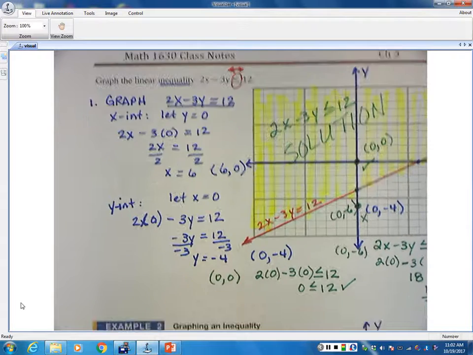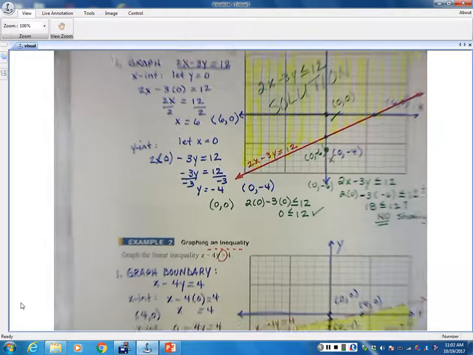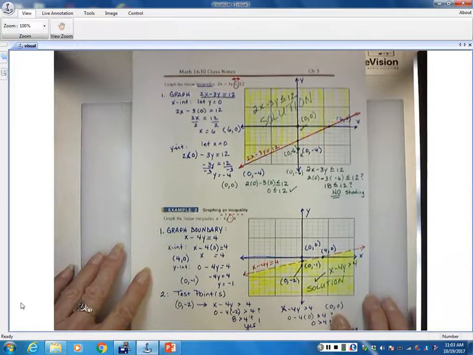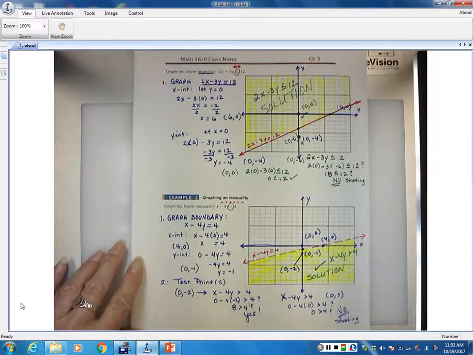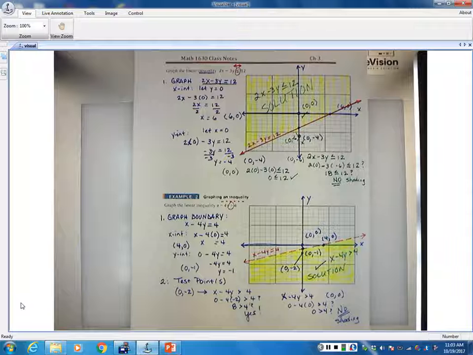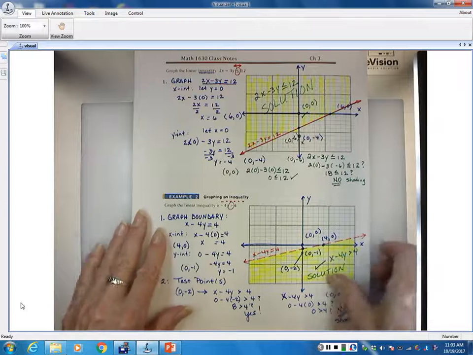Okay? Does anybody have any questions on either one of those? Now, if you can do this, you can do this whole chapter. No problem. Okay? So let's keep moving forward.